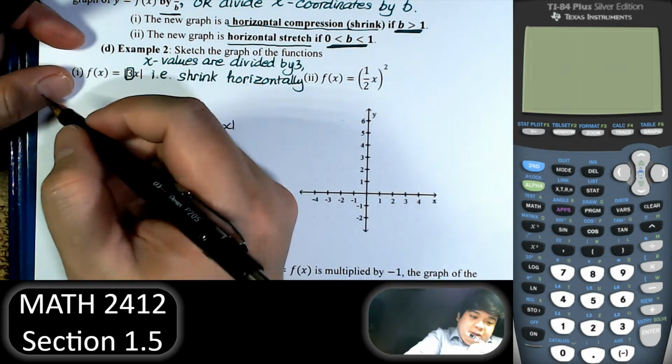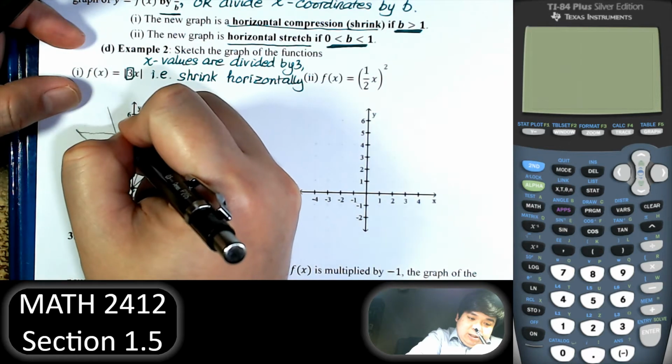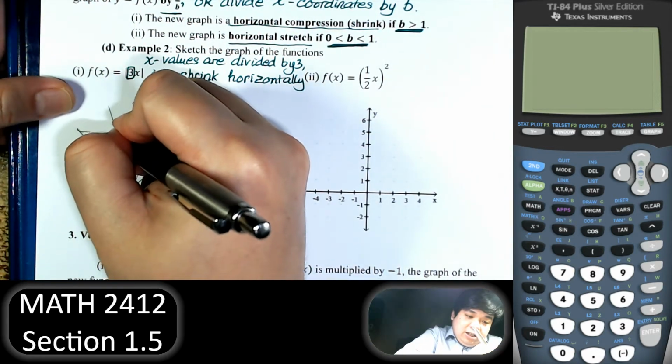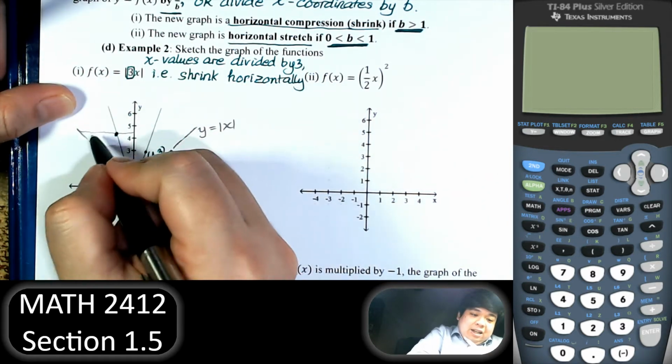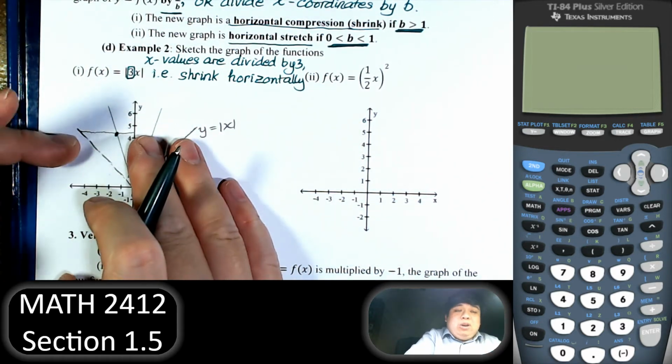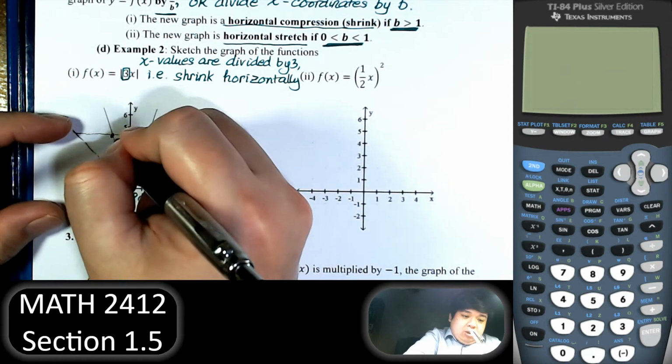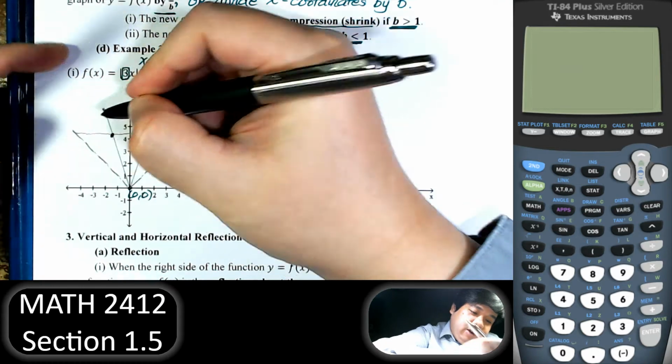It doesn't matter though. Whenever we have the distance, we will cut that distance, or the horizontal distance, the x values. We only take 1/3 of it. So this is only 1/3 of it. And so we have the graph.